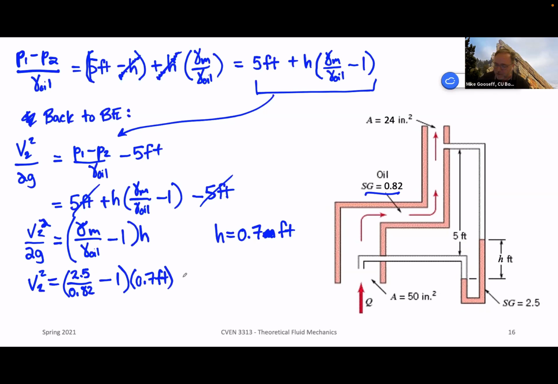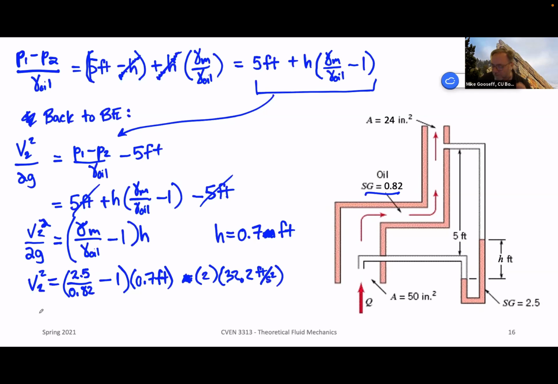That comes out to, I don't have a number for that, but, whoops, I forgot to multiply by, hang on, got to multiply by 2 and 32.2 feet per second squared as our acceleration due to gravity.